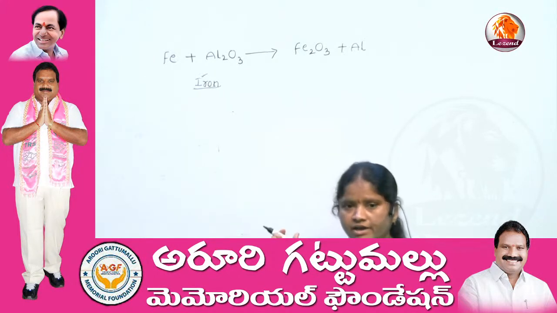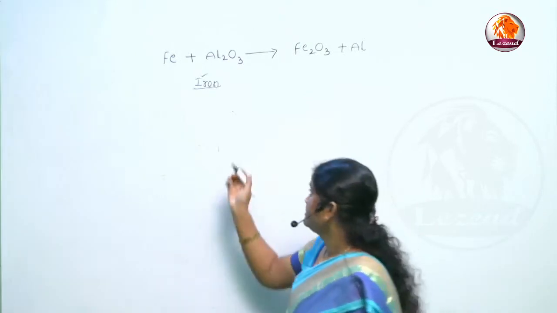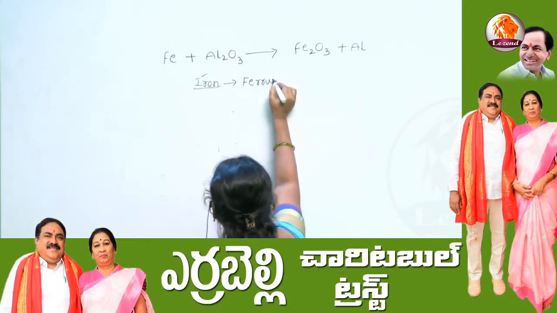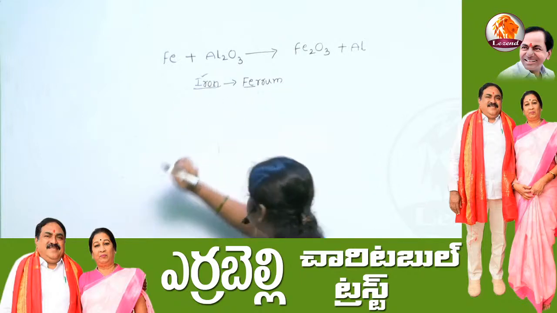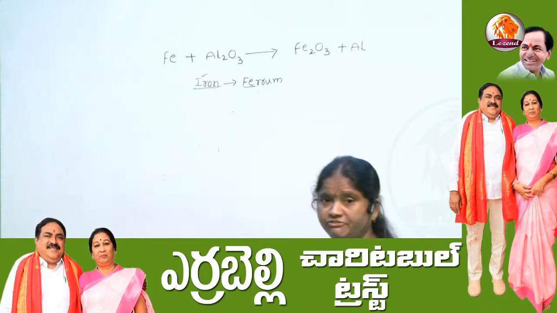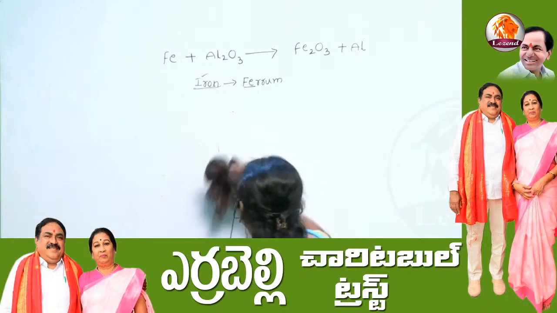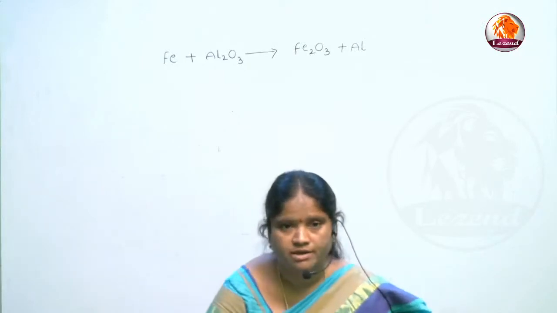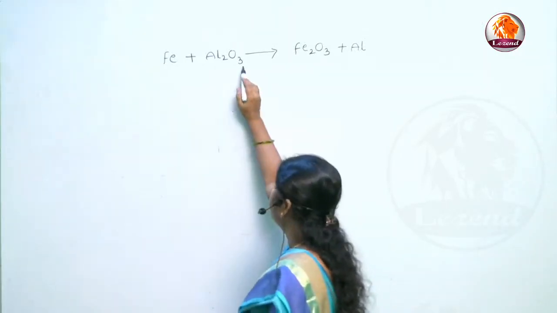In the same way, iron, the Latin name is ferrum. In ferrum, what are the starting letters? Fe. So because of that reason, the symbol of iron is Fe, capital F and small e. Fe means what element we need to understand here? Iron. Okay, reacts with aluminum oxide.